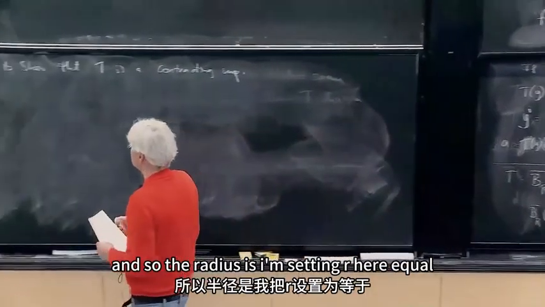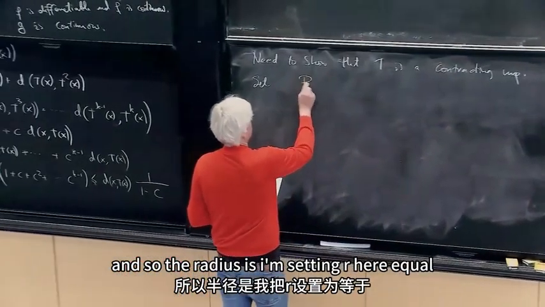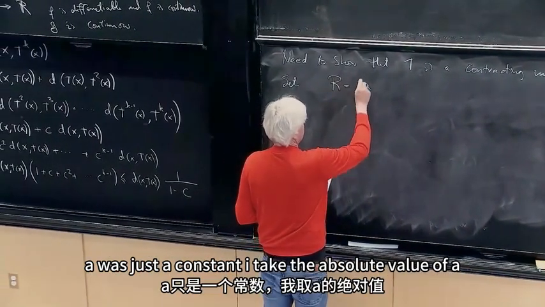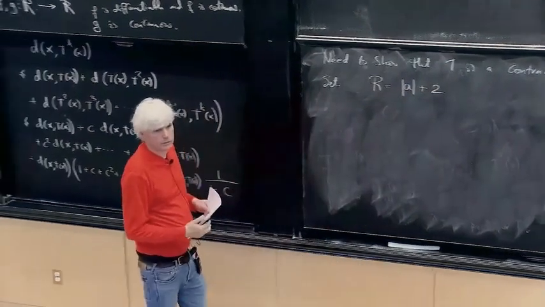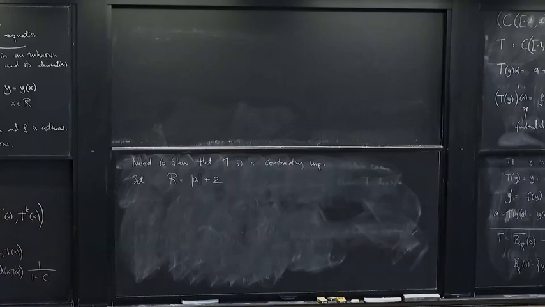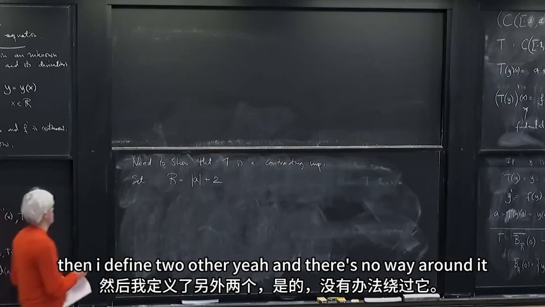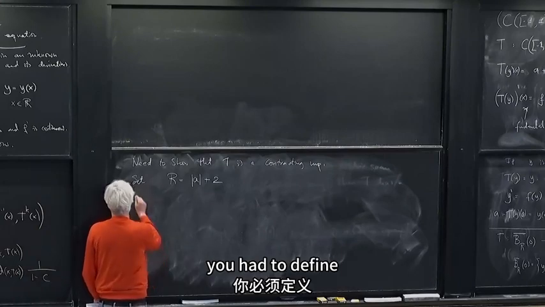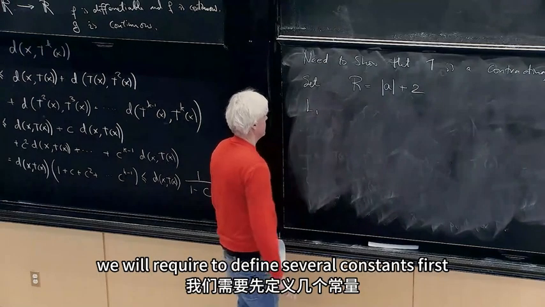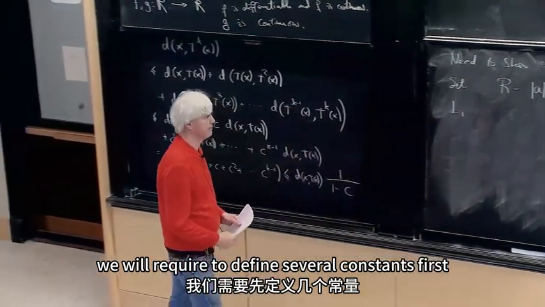And so the radius is, so I'm setting r equal, a was just a constant. I take the absolute value of a and I add 2 to it. Then I define two other constants, and there's no way around it. You have to define several constants first.